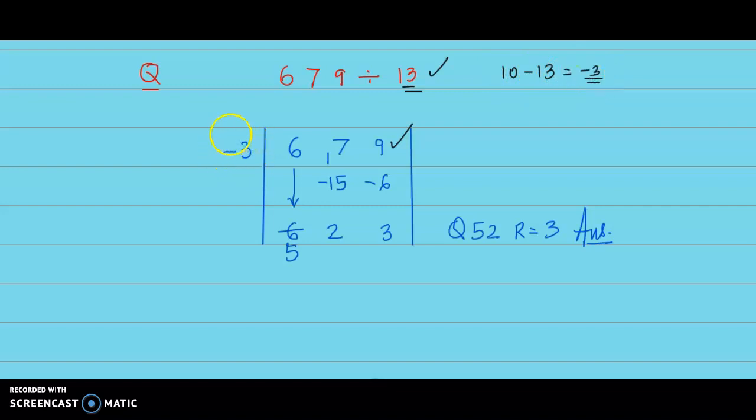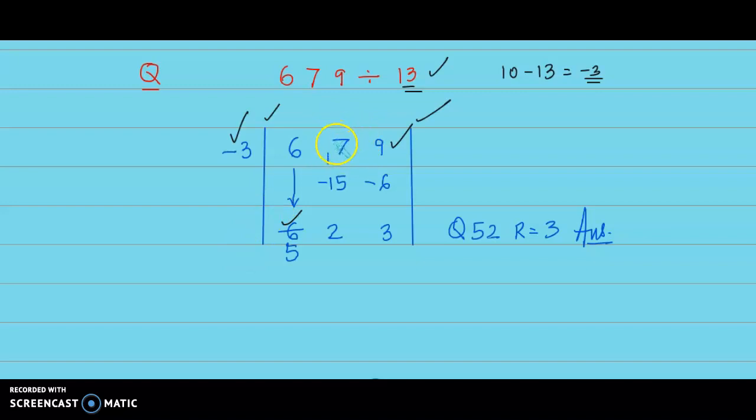So write negative 3 here, draw two lines like this. First step is to bring this 6 down, so 6 is here. Now 6 times minus 3 is minus 18, and that you need to subtract from 7.